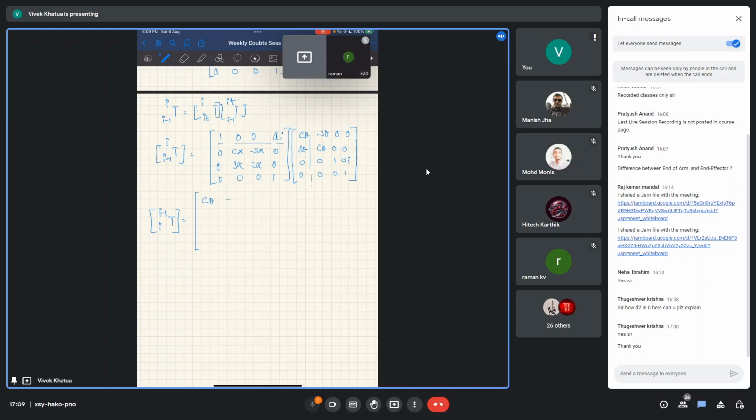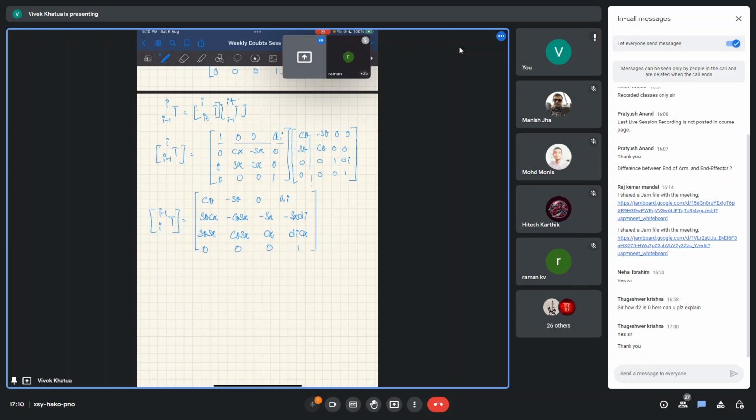The first row is cos theta, minus sin theta cos alpha, sin theta sin alpha, a i cos theta. Then the second row is sin theta, cos theta cos alpha, minus cos theta sin alpha, a i sin theta. The third row is 0, sin alpha, cos alpha, d i. That is the matrix.